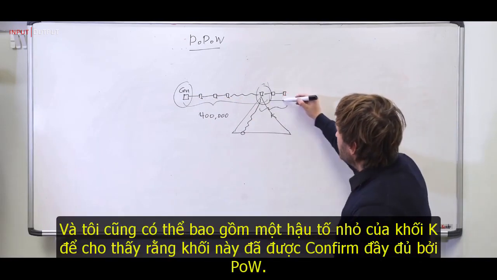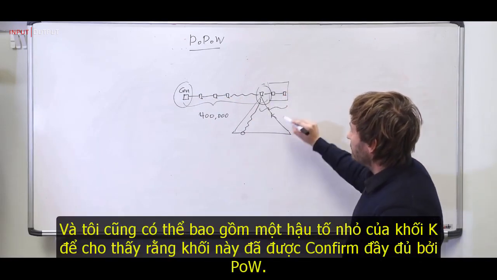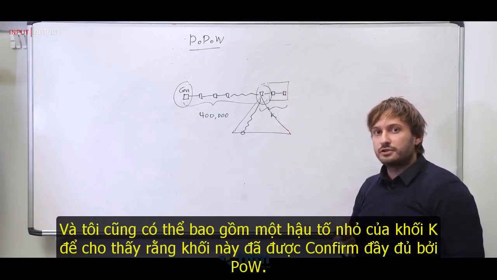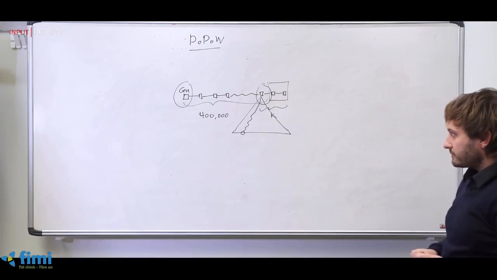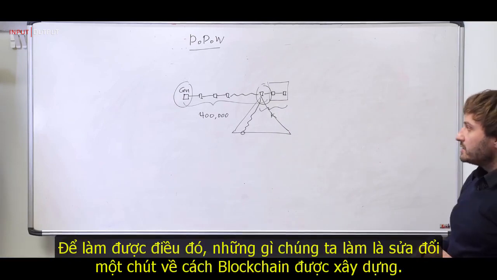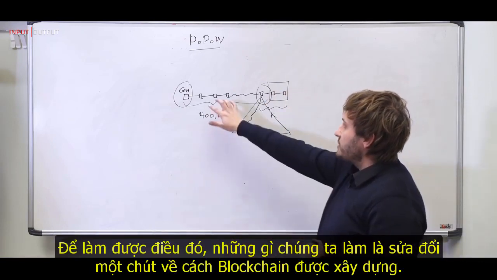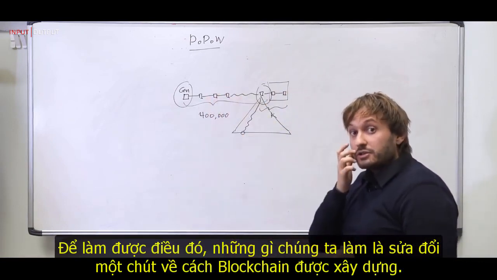And I can also include a small suffix of k blocks to show that this block has been buried under sufficient proof of work. Now, in order to do that, we make some modifications to how the blockchain is constructed.